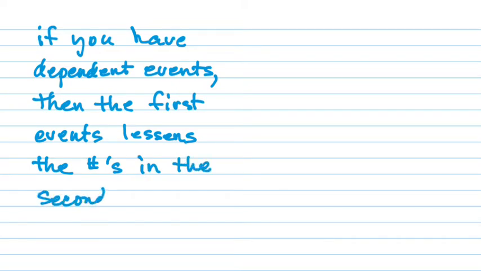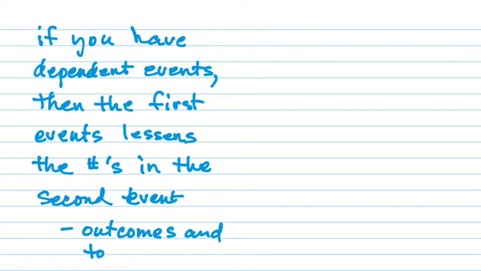And so on. You could do third events too. Okay? And that means both the outcomes and the sample space. So both the number of things you have to choose from and the number of successful items both go down. Okay?